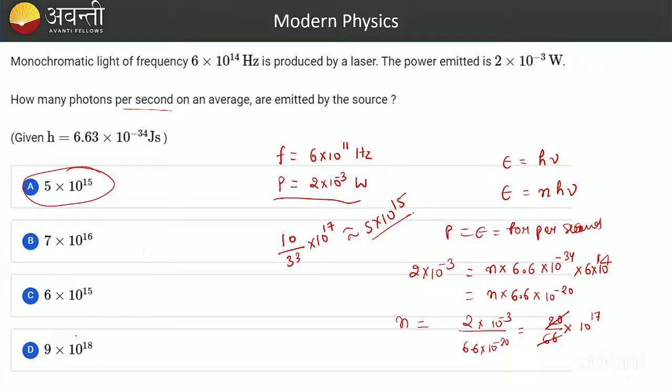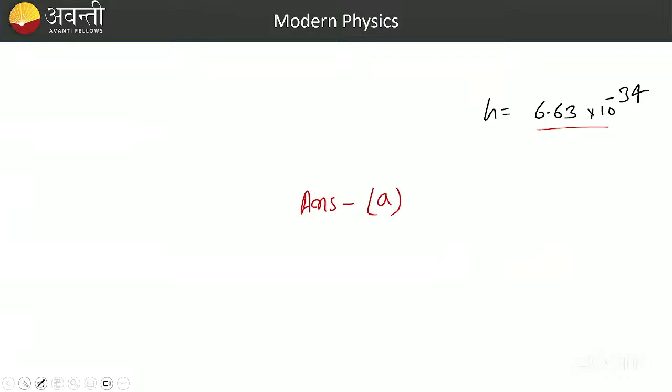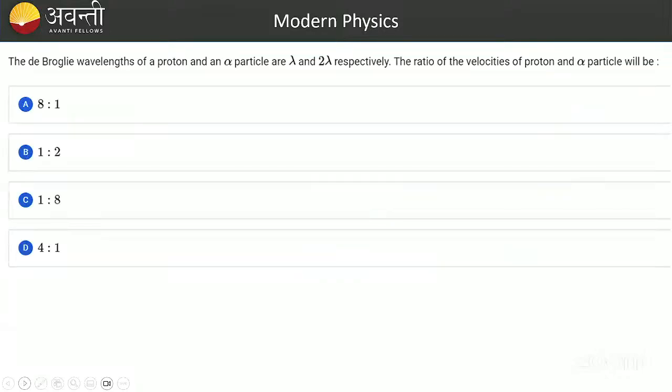Now, this one. The de Broglie wavelength of a proton and alpha particle are lambda and 2 lambda respectively. The ratio of the velocities of proton and alpha particle will be. Now we know that de Broglie wavelength is nothing but h upon p, where p is the momentum of the particle, which we can also write as h upon mv.